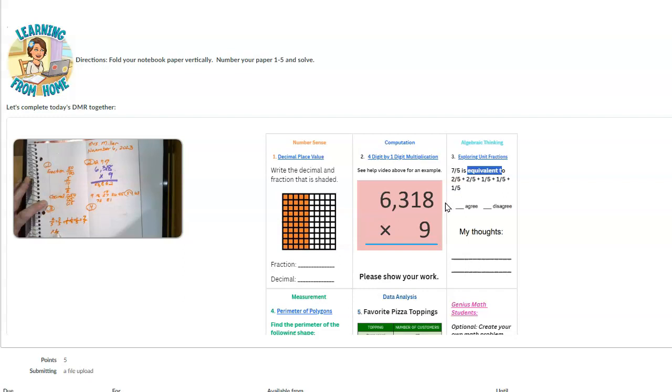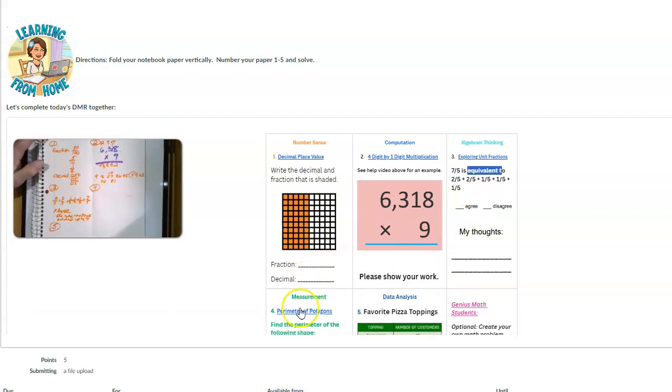I agree. My thoughts: the numerators added, sorry, I'm using half cursive, half print. The numerators added up to 7. Okay.